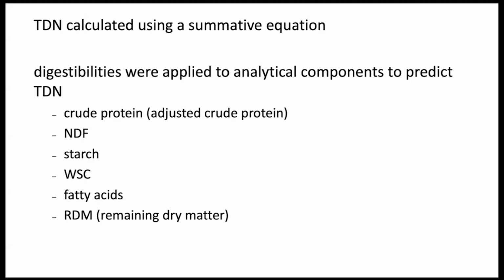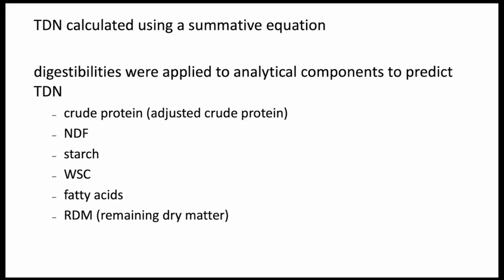When it comes to TDN, it's important to realize that there are some ways that work well to calculate it, and unfortunately some other ways that don't do a very good job of estimating TDN. Just quickly, the way I prefer to calculate TDN is using what we call a summative equation, where we take the different analytical components that we measure, such as crude protein, NDF, starch, water-soluble carbohydrates, and fatty acids.